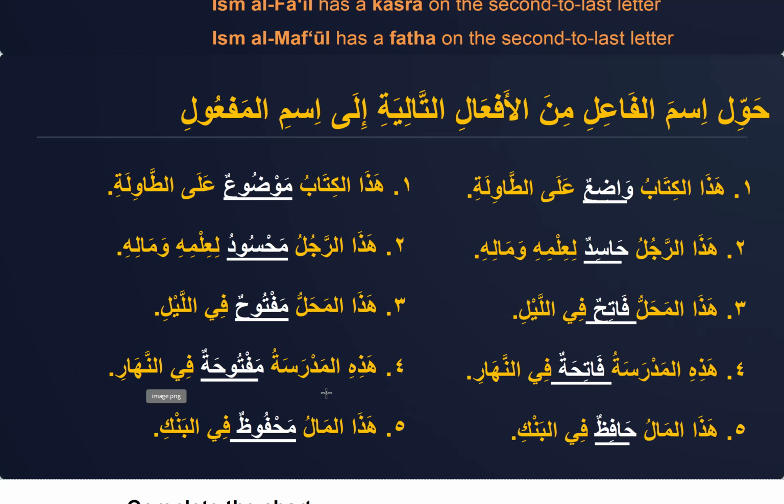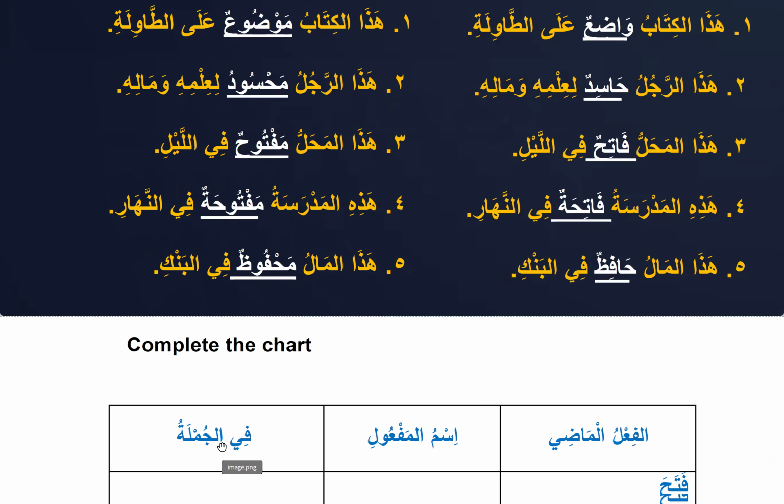This will mean that this school is open in the daytime. And مفتوحة here is the Ism Mafʿūl. Next one, هذا المال حافظ في البنك. And the Ism Mafʿūl: هذا المال محفوظ في البنك. The meaning will be that this money is safe, preserved in the bank.